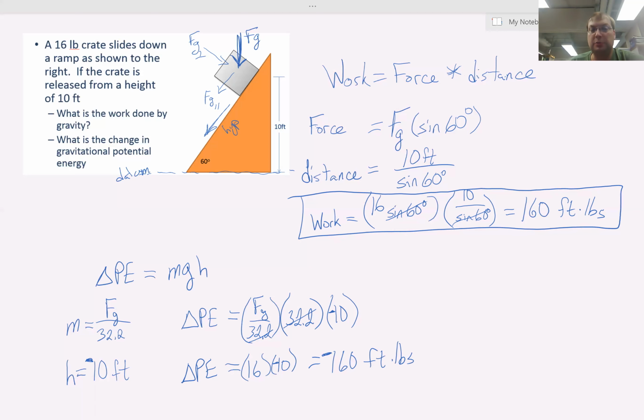Anyway, we'll look at some additional examples. Hopefully this stepped you through it. As you can see, the change in potential energy and the work gave us the same numerical value, except that, depending upon our frame of reference, a negative sign came in as a result of the potential energy change. Thank you.